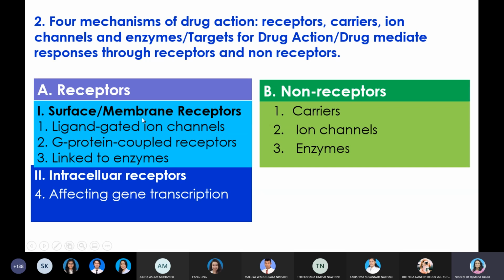The difference is that for the ion channels in the blue panel, the drug has to act via a receptor in order to do something to the ion channels, in order for the ion channels to open or close. But for the ion channels here, the drug can itself bind to the ion channels straight away, directly, and not have to go through a receptor.